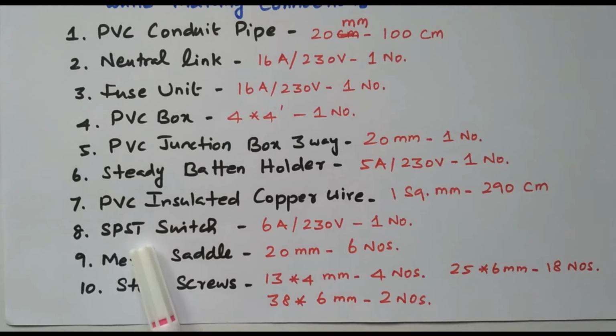Single throw means on or off. Then metal saddle 20 millimeter, we need 6 numbers. Then steel screw: 30 into 4 millimeter 4 numbers, 25 into 6 millimeter 80 numbers, 38 into 6 millimeter 2 numbers.